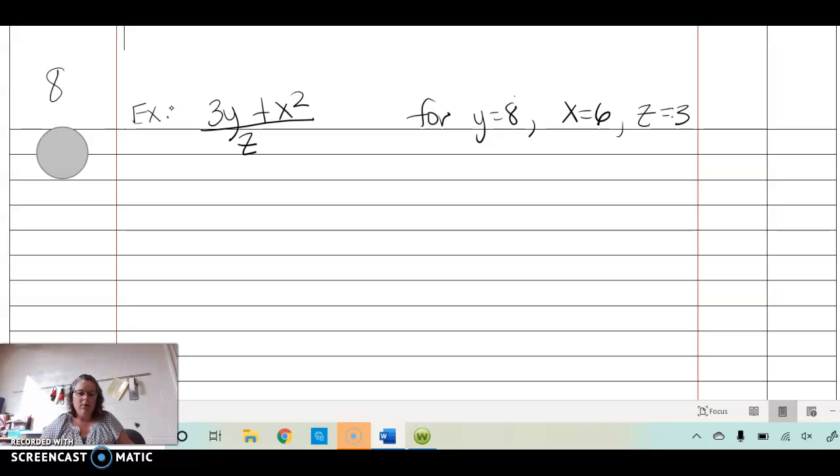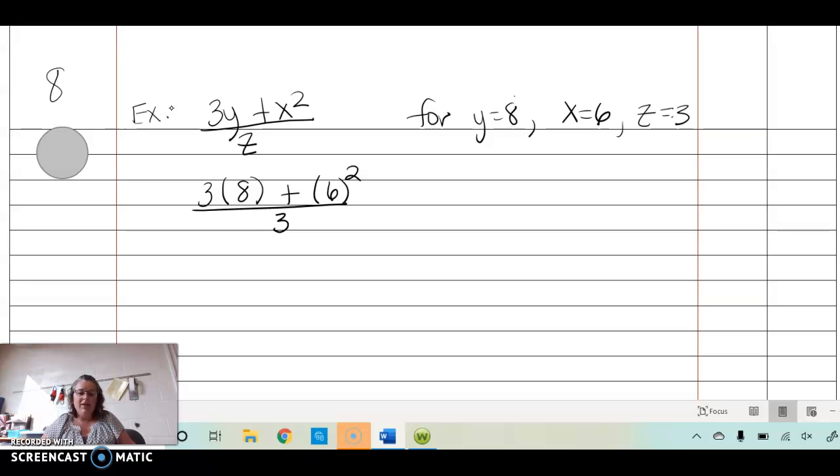So if I were to plug in what we know, we have 3 times, anytime there's a number next to the variable, you have to multiply. So 3 times 8 for y, plus x. X happens to be 6. And because I'm squaring it, I'm going to put parentheses around my x. And then this is all over z, which happens to be 3.